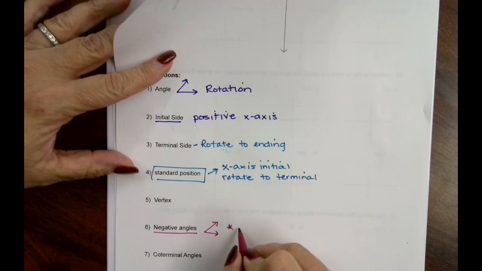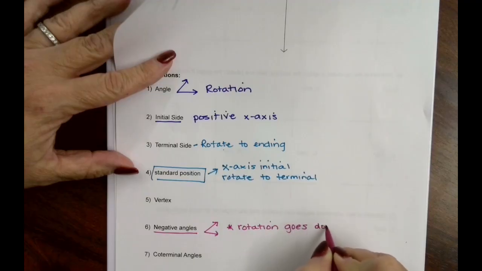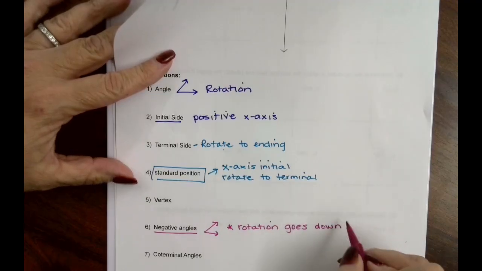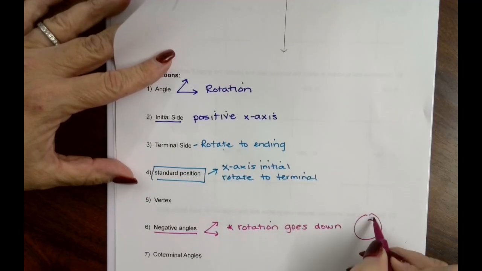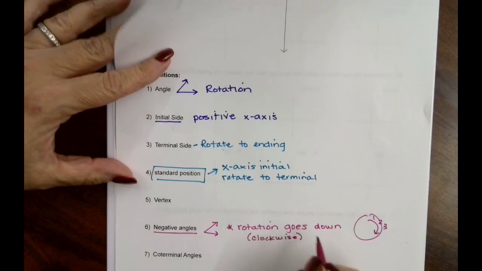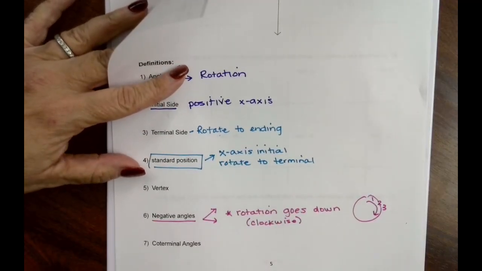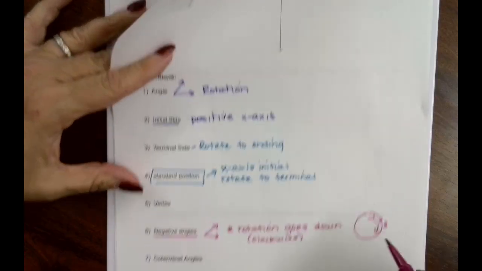So what happens is this means that our rotation goes down. So we can say, if you think about this as a clock, and this is my time, 1, 2, 3, that we are going clockwise. And I know most of you don't even know how to read a clock like this because everything is digital, but if you did, we would say that it goes this direction, it's clockwise.